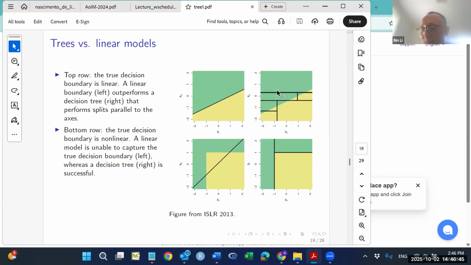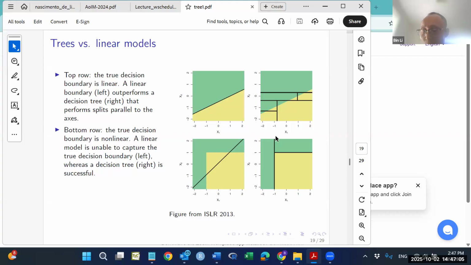But if we use a tree model, it will do the splittings to approximate that linear boundary, but the effect is not that good, right? On the other hand, in the bottom row, the true decision boundary is actually nonlinear, like a square corner.